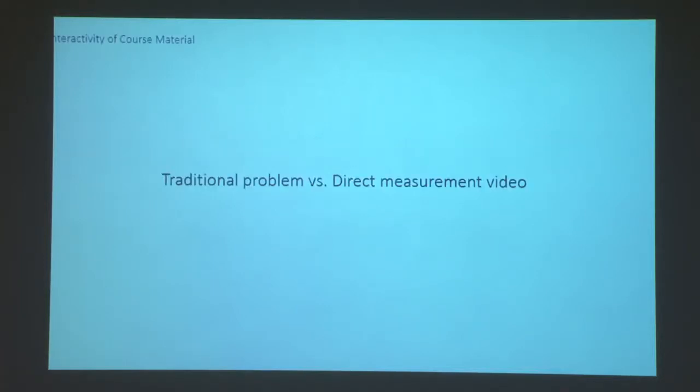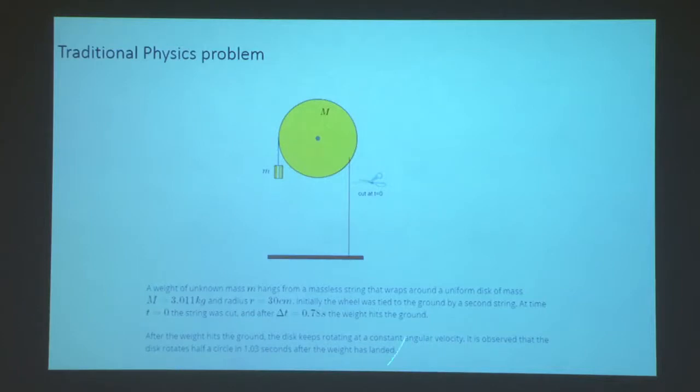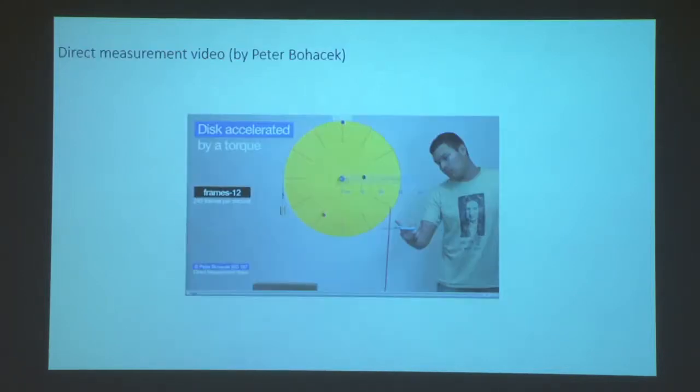So the first thing we did is called traditional problems versus direct measurement problems, which is the great contribution by Peter Bowercheck here. In a traditional physics problem, you get a diagram, and you get all the information that you need to solve the problem. The mass and the time are given, and you solve the problem from that.